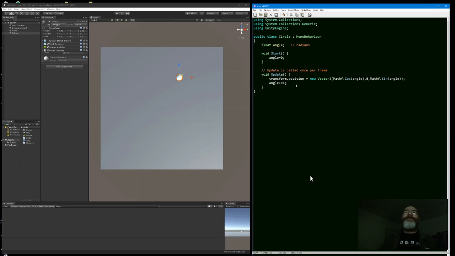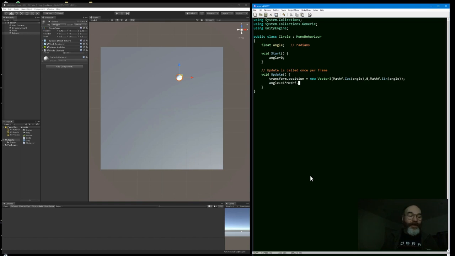We're going to do here with angle plus equal 1, but I really want to go a certain fraction of the circle. I'm tempted to say like 1 degree. Well, let's do 1 degree. To do 1 degree, I would need to take my 1, and in fact there is something available in Unity, Mathf.